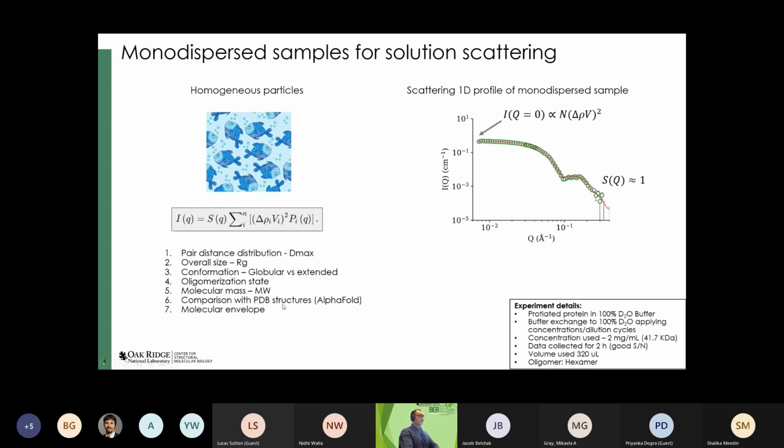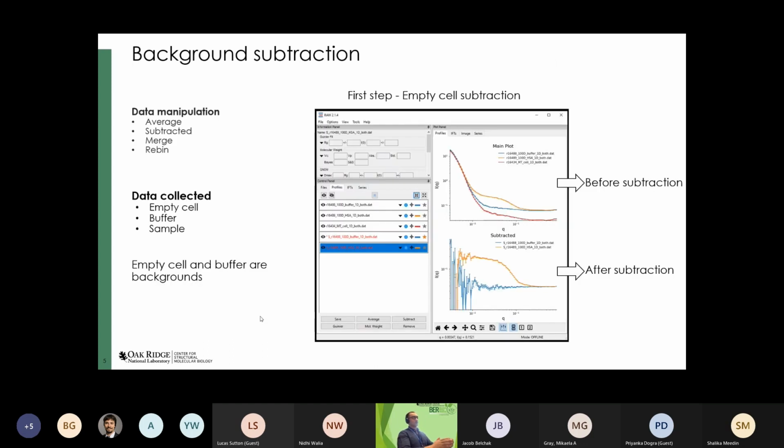And comparisons, like I said, with PDB structures, and now with AlphaFold again, which gives us a great ability: if the protein is folded, we can calculate from PDB structures and start the modeling from there. And you can also calculate the molecular envelope, which gives you an idea of the overall shape of the molecule. So let's start from the beginning.